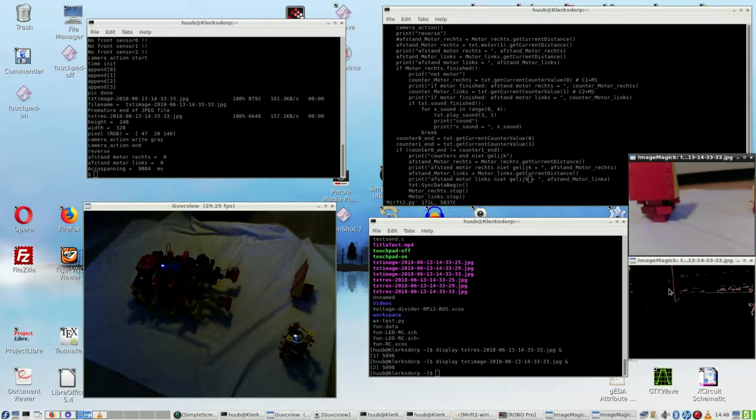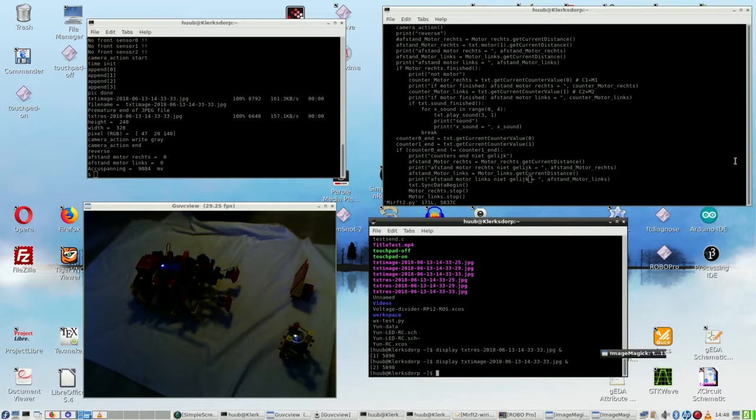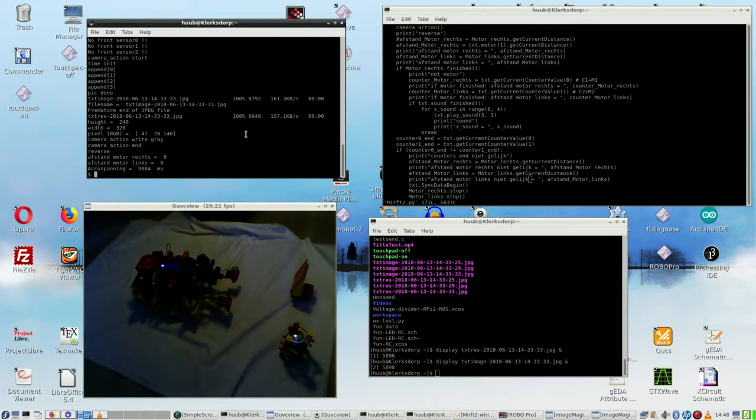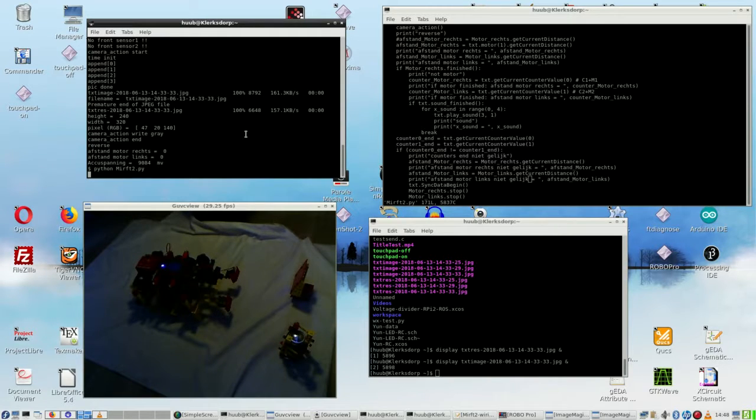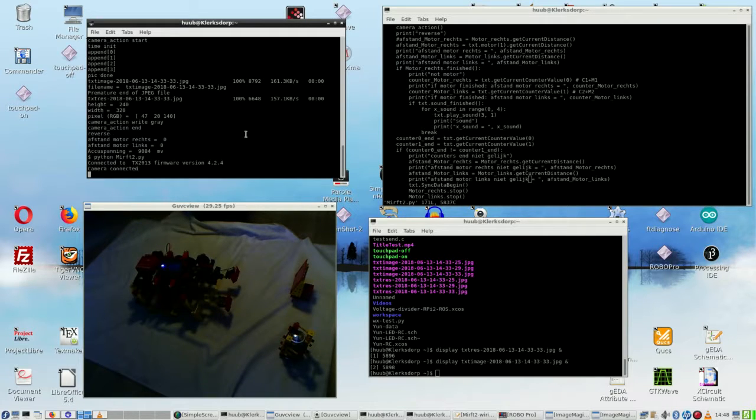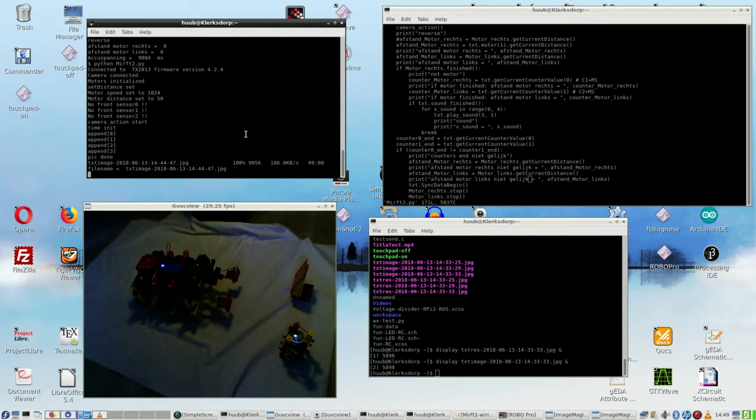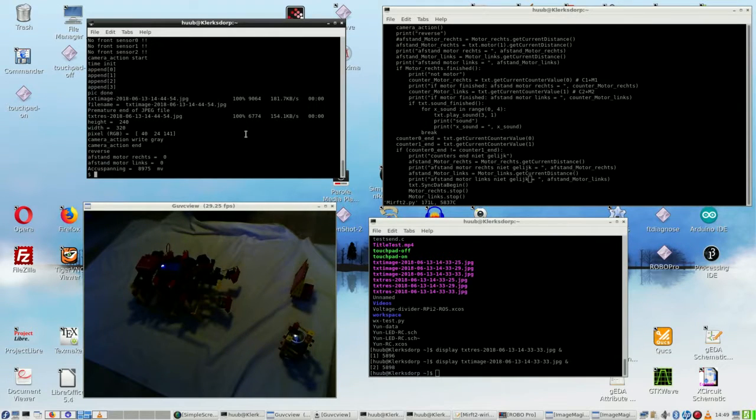So reddish, but the big red part is not there. Anyway. Second attempt for the algorithm, if it chooses to do something, that is. Really? Okay.